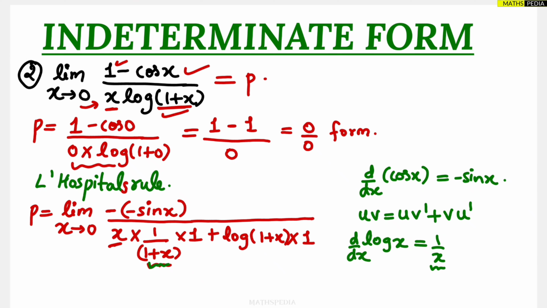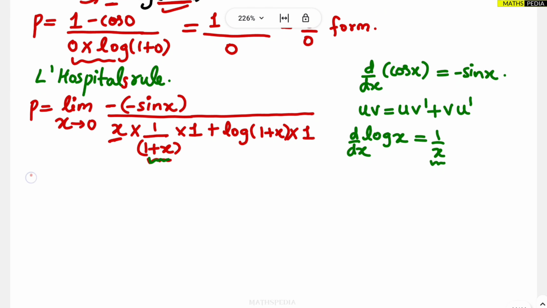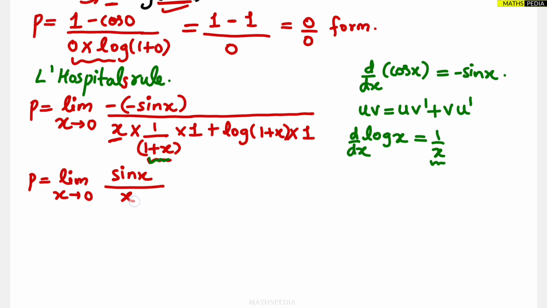So simple, UV rule we have applied. Now we will write the simplified form. So p is equal to limit x tends to 0 sin x divided by x by 1 plus x plus log of 1 plus x. Okay, so this particular thing also we got.